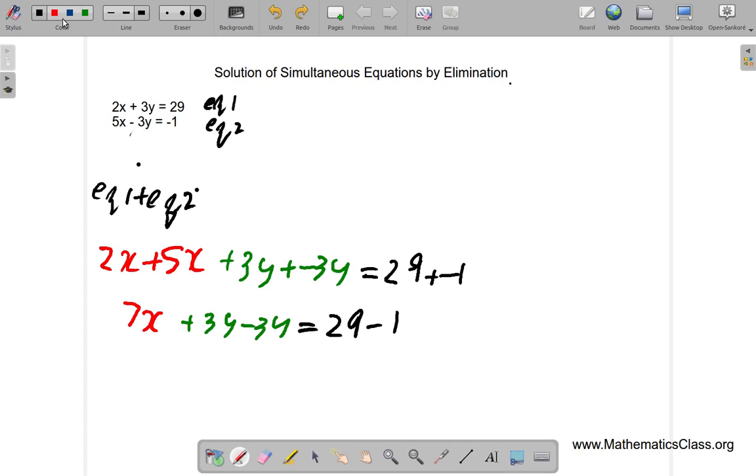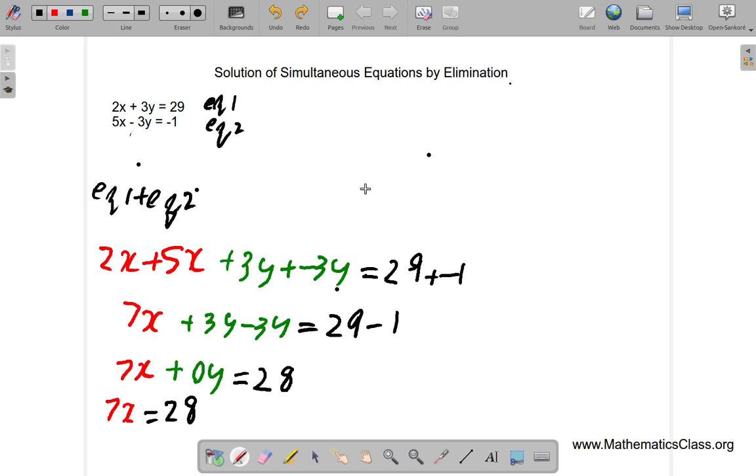So here we have 7x, and that's 7x plus 3y minus 3y is 0y, okay, equals 29 minus 1 is 28. So what you have here is 7x equals 28.